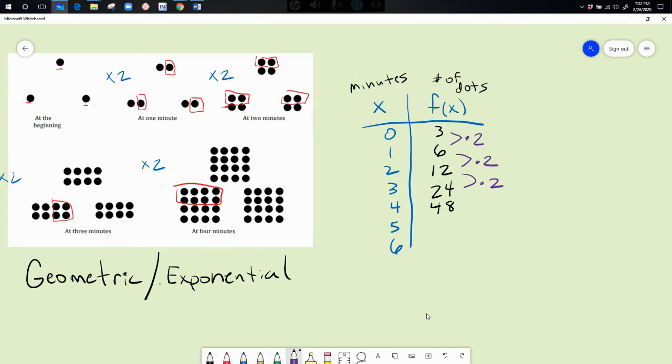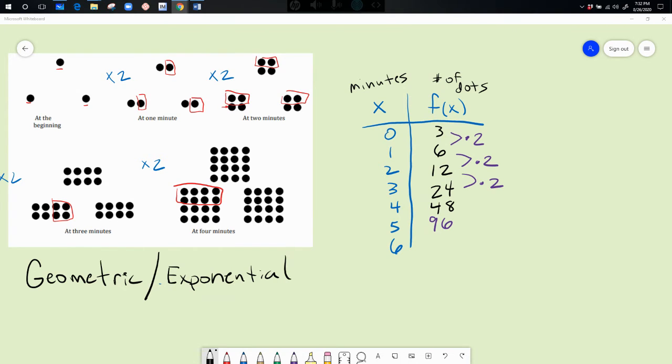So since I knew we were multiplying by 2, once I knew the first couple, I just keep multiplying by 2. 6 times 2 is 12. 12 times 2 is 24, and so forth. So this should answer your next question, or the question you answered before. Now you know you're going to get it right. The answer was 96, right? How many dots were there at 5 minutes? There's 96 dots. Okay.